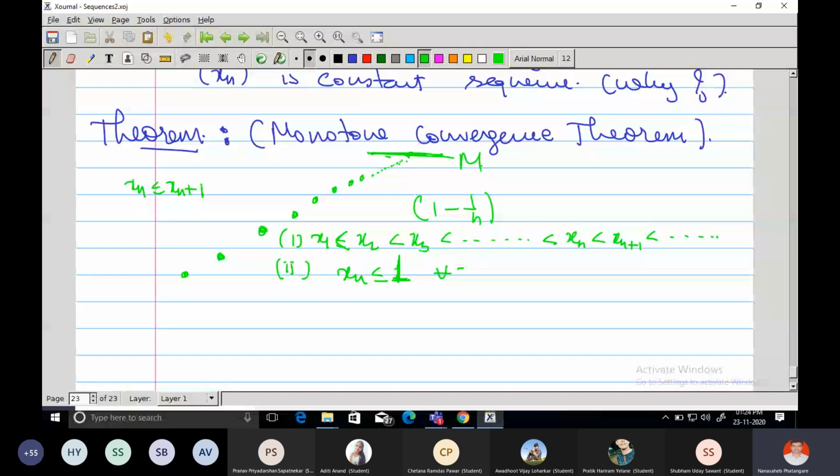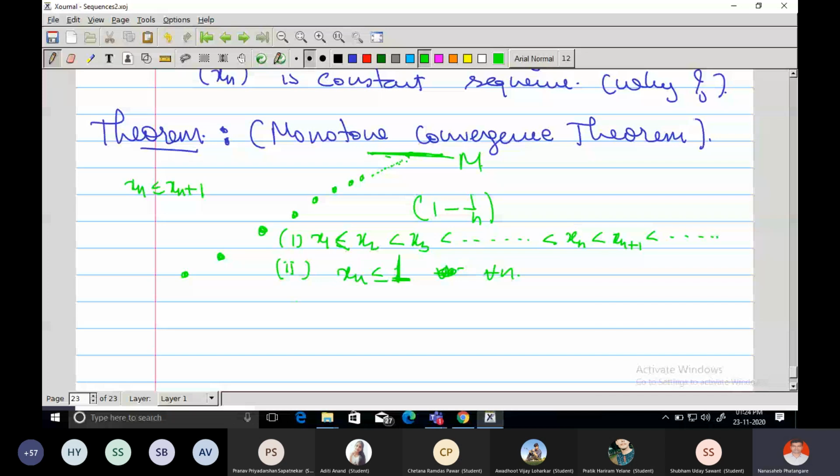Is it true? Yes, sir. That means even though all terms are increasing, there is somebody who controls all the terms, which is an upper bound for these terms. If terms are increasing, still somebody can stop the terms.